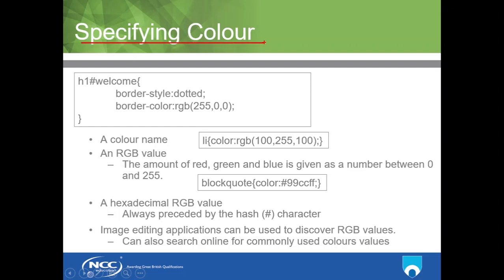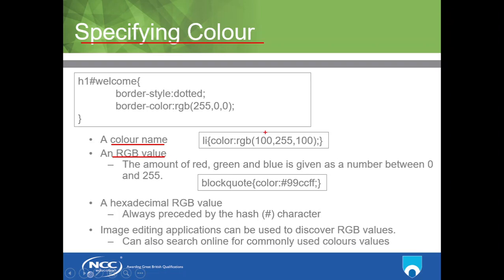Specifying color. You can specify color in one of three ways. One of them is by using the color name. We've been using this in all the other examples, like color red, color blue, color light blue. That's what we call a color name. But you can also use what you call an RGB value.